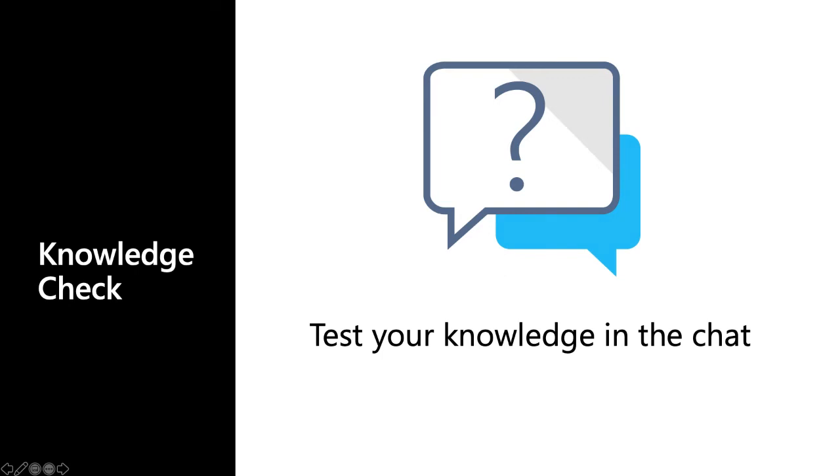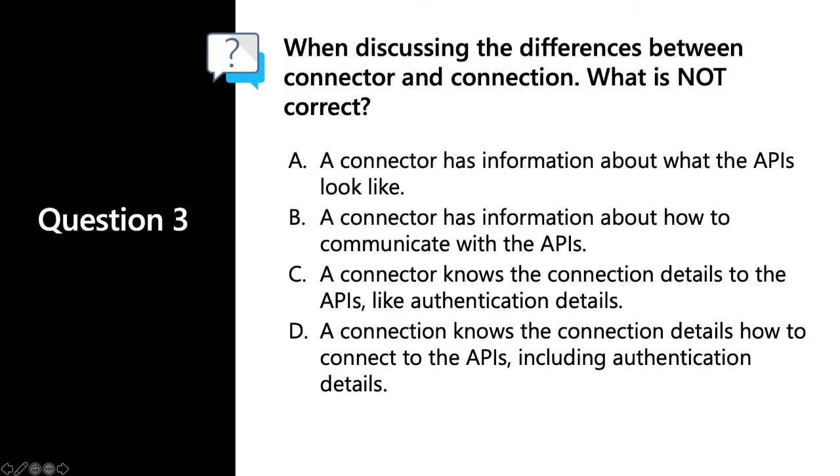Here we go. Right, another test. All right, so I'll read this one out. When we're talking about the differences between a connector and a connection, and we love to talk about those because it's a very important concept, which one is not correct here? So again, we're looking for the wrong answer. The first option, A, is that a connector has the information about what the APIs look like.